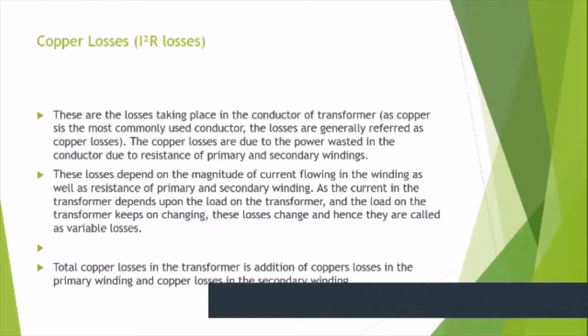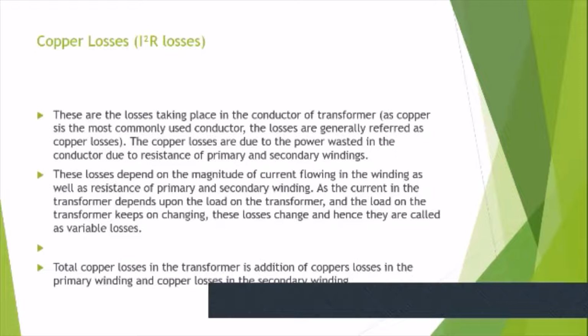Now copper losses, the I squared R losses. These are the losses taking place in the conductor of the transformer. Copper is the most commonly used conductor. The copper losses are due to power wasted in the conductor due to the resistance of the primary and secondary windings.